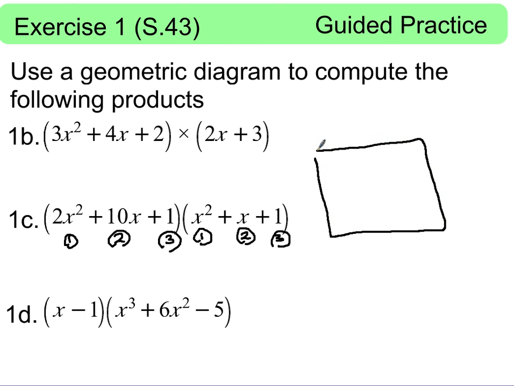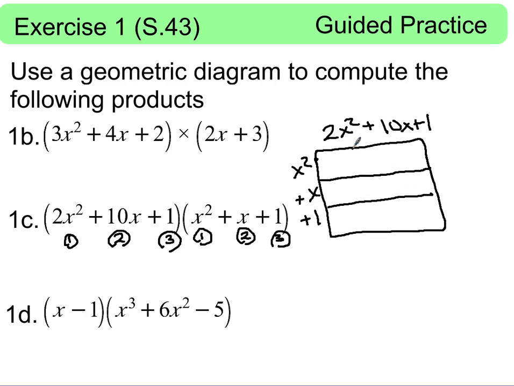It'll be more of a square box this time, where I will put 2x squared plus 10x plus 1, and then x squared plus x, and then plus 1. The difference is this time we'll have 2 divisions horizontally and 2 divisions vertically.